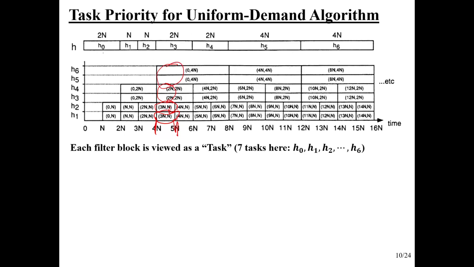So we've got 6 different tasks plus 7, because there's an H0 that I'm not really showing here. So, for this simple case where I only have out to H6, this is an artificially small case just for illustration. But I'm already having to run 7 tasks at the same time.